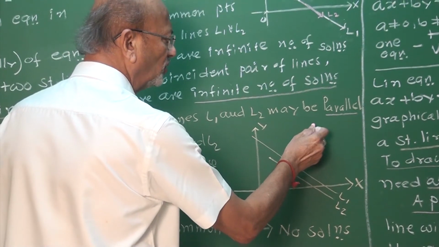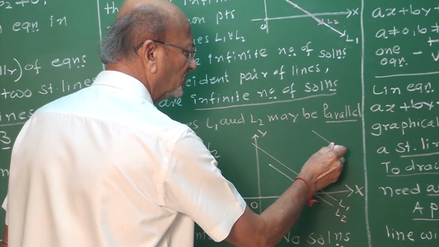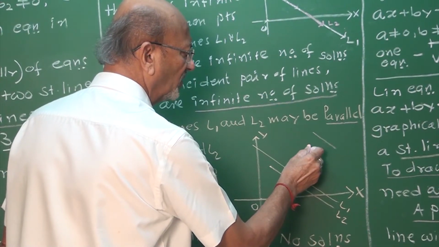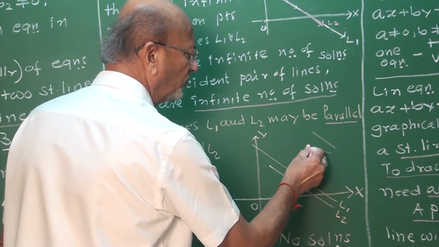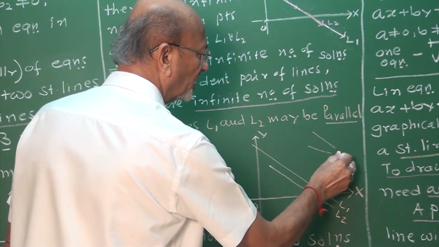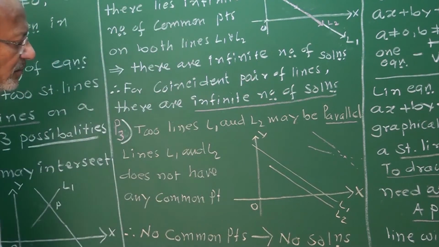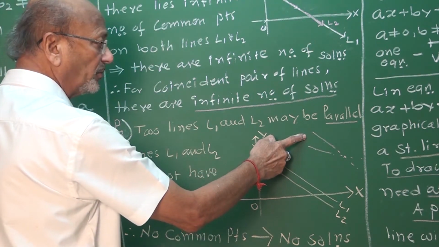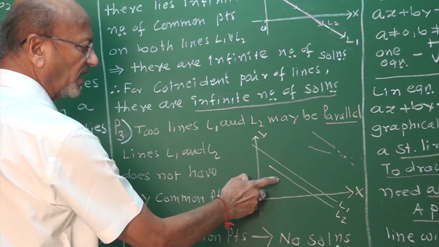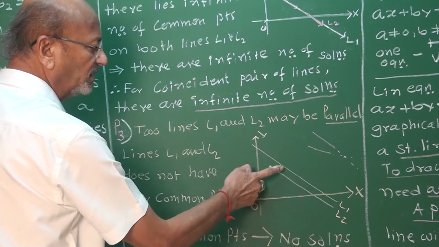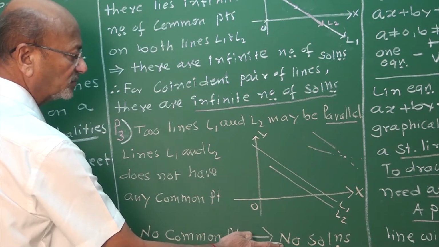If the lines are not parallel, like this is one line and this is another line, then somewhere, if you proceed these lines, they intersect at a point. The lines which are not parallel always intersect at a point. The lines which are parallel never intersect at any point. When they never intersect, there are no common points, hence no solution.